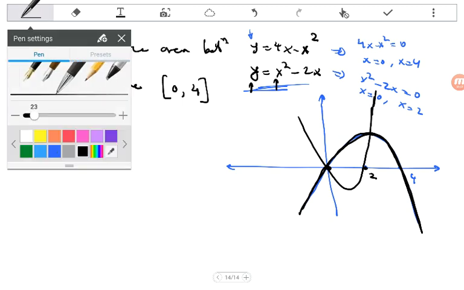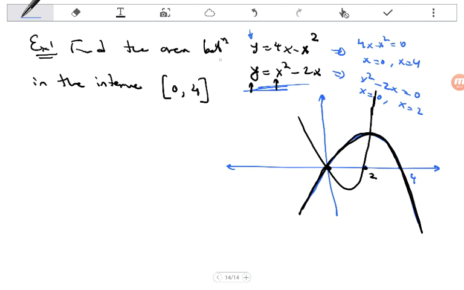Now if the problem was only limited to this information, to find only the area between these two curves, I would find this area.